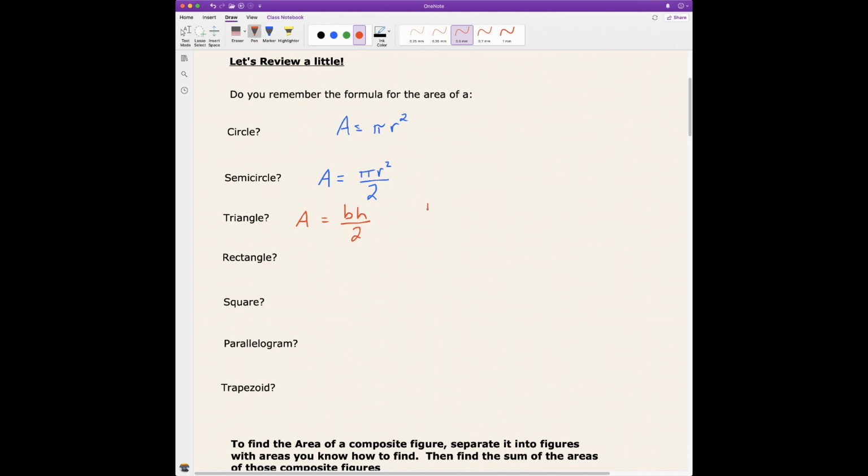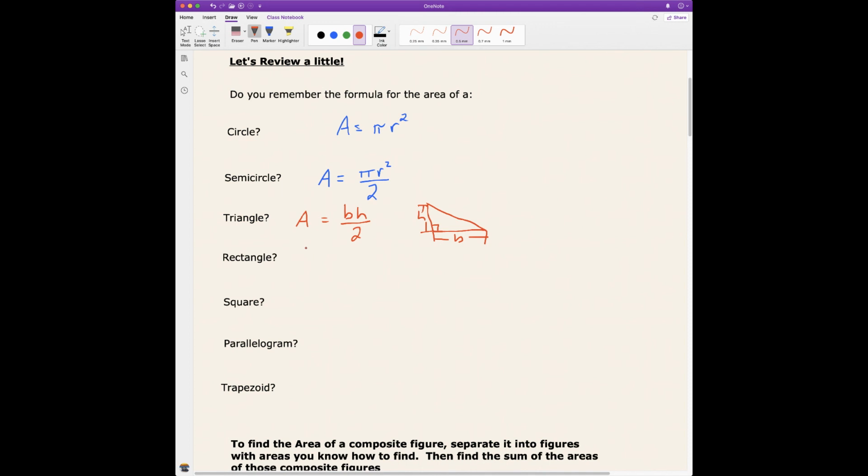So if I have a triangle like this, this would be my base, and my height, let's say this is a right triangle, this would be my height.